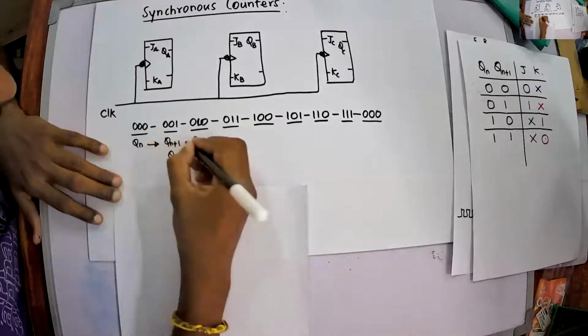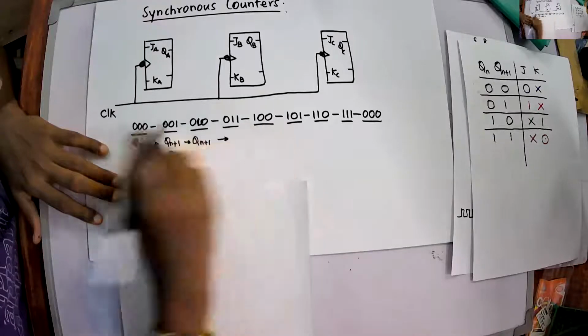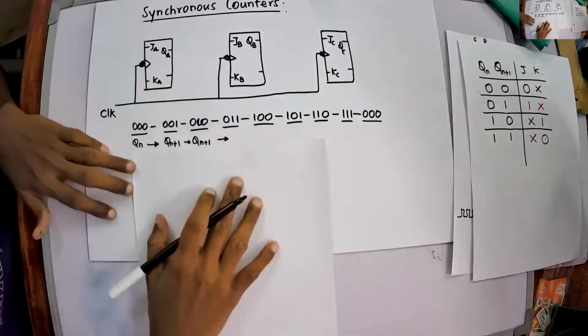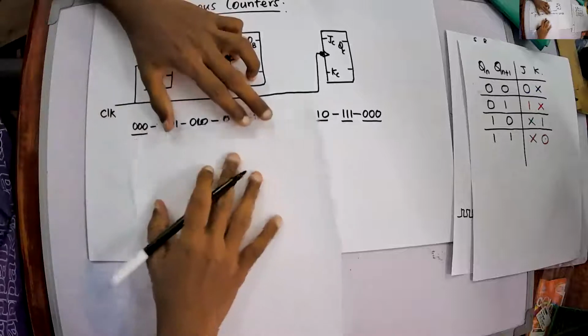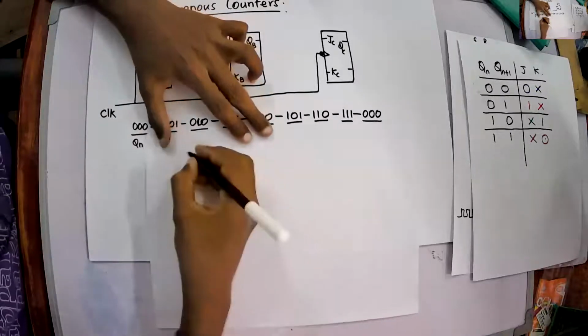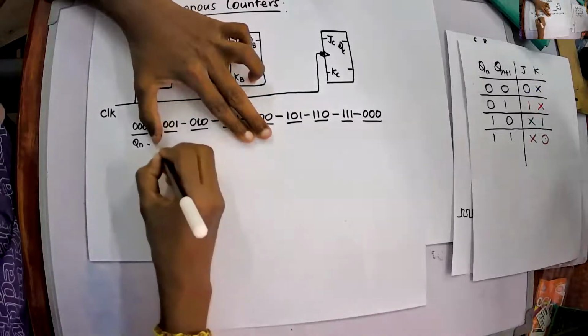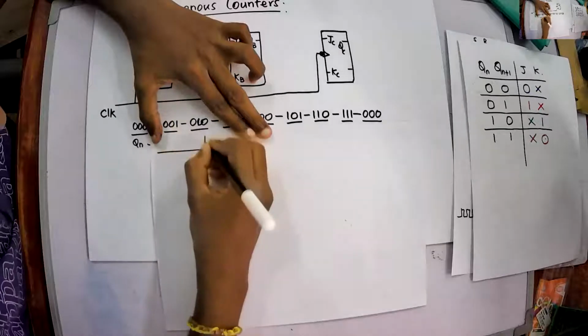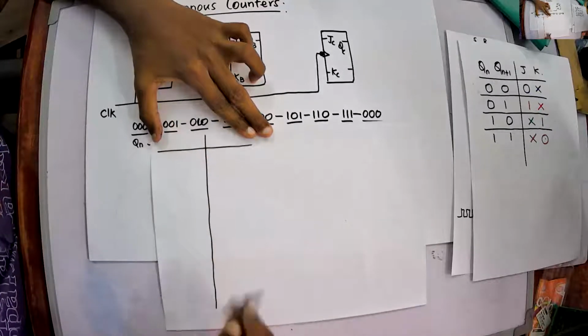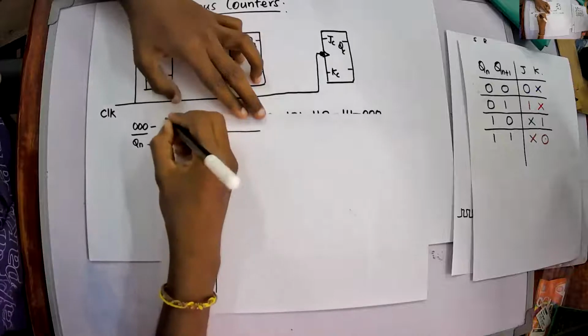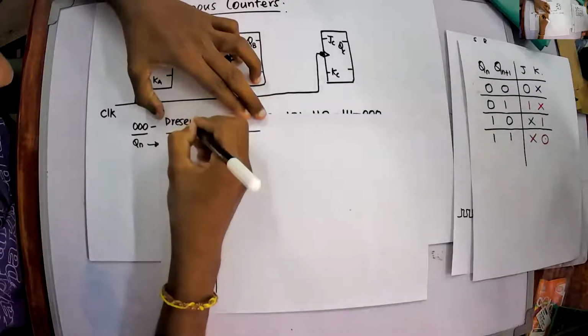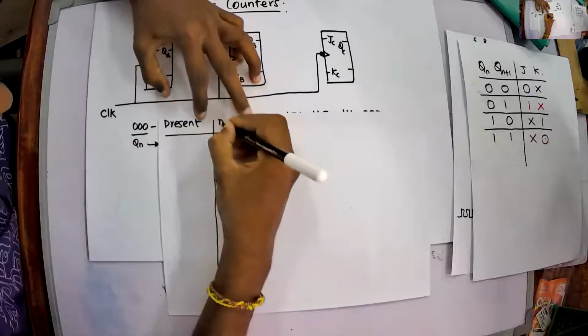Likewise, this has to go in a sequence. For that, I can draw a state table. So simply I can write it as a state table. This is my present state. This is my next state.